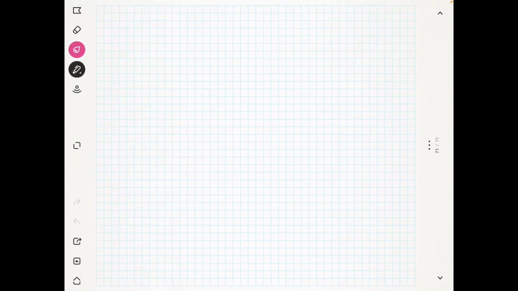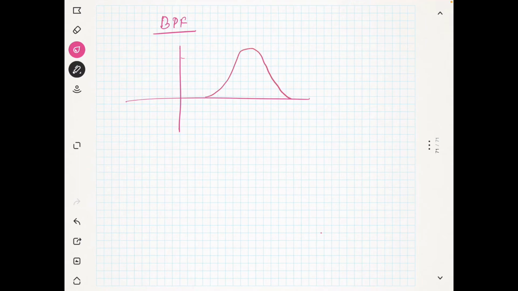Now we will see what a band pass filter is. What is a band pass filter? You see, it has a characteristic like this. Band pass filter means it will allow the frequencies in a particular range. For example, it has some particular range of frequencies.